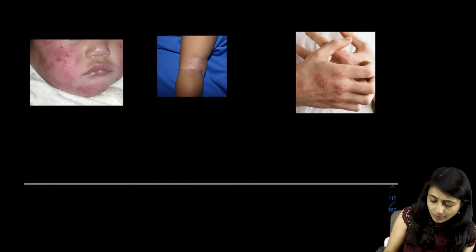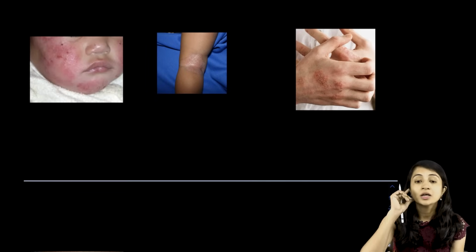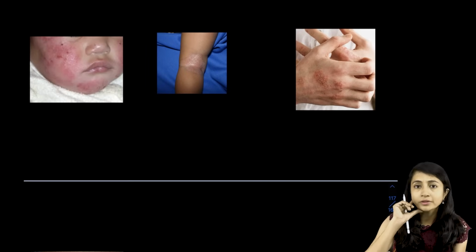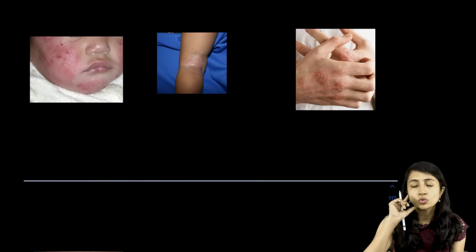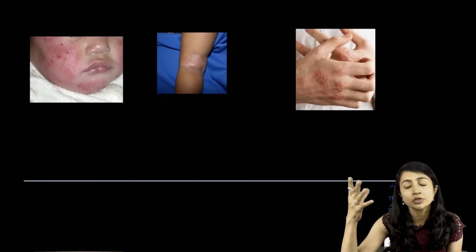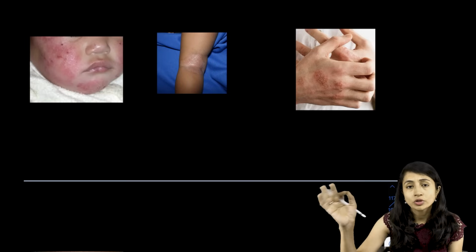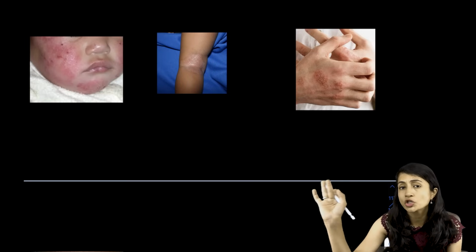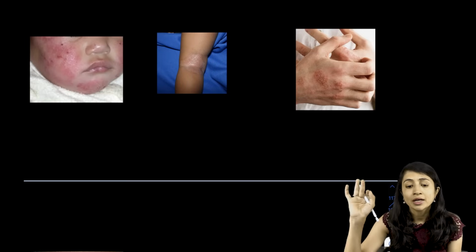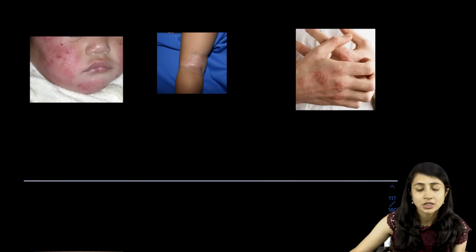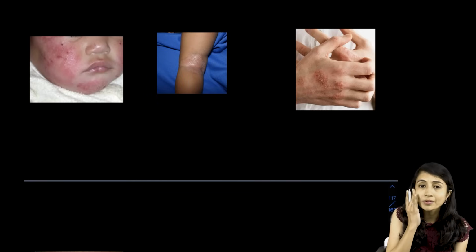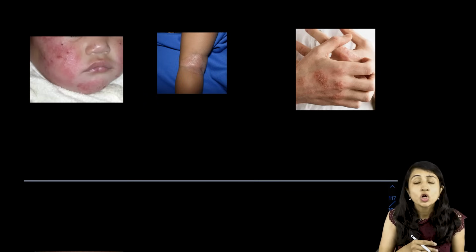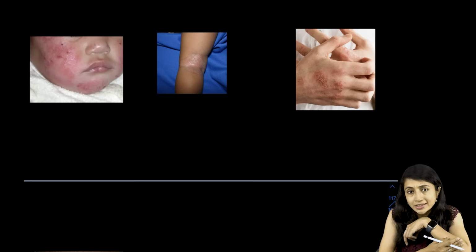Okay, next important question that you get is, a parent brings a child who has a history of continuous itching. So there is a typical parental history of itching by the child, and any of these manifestations may be present. A child may present with facial dermatosis or lesions on the extensors.